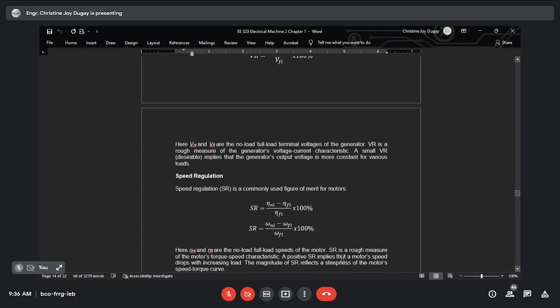So, the lesser naman dito, or the positive SR po natin, implies that the motor's speed drops with increasing load, no? And then the magnitude of the SR naman reflects the stiffness of the motor's speed-torque curve.